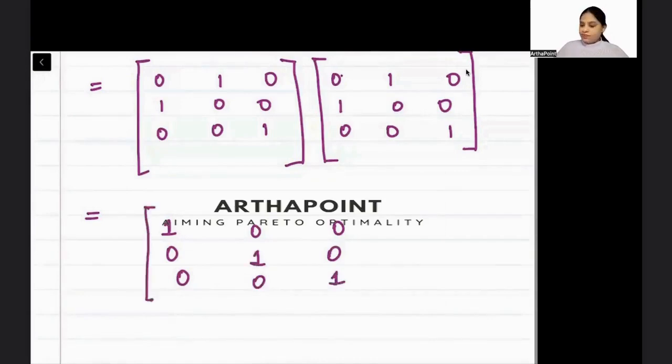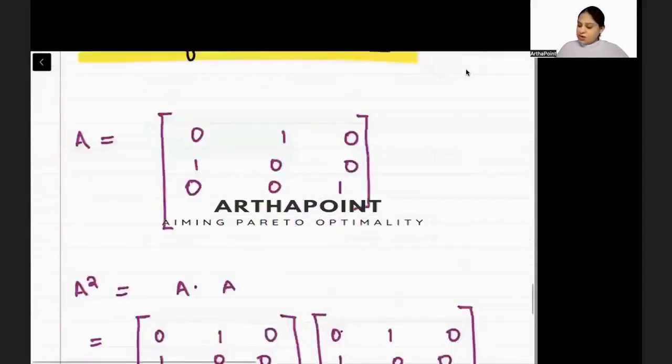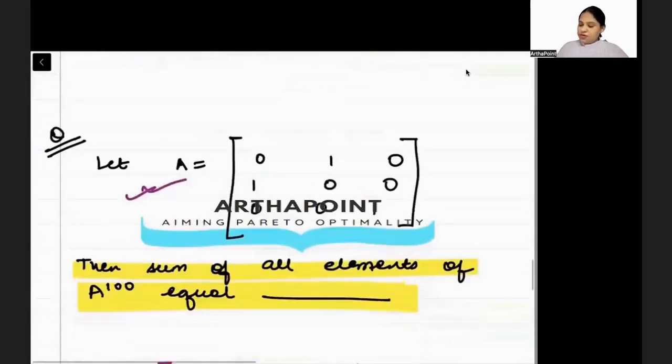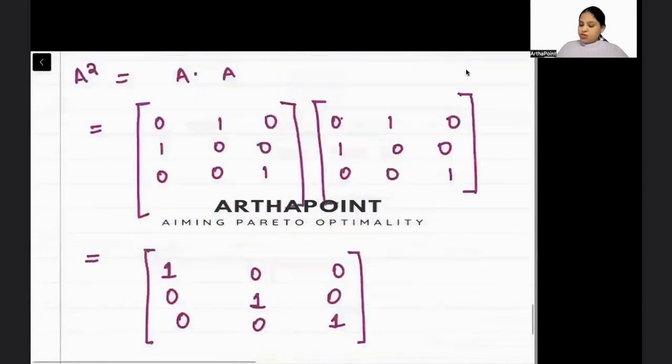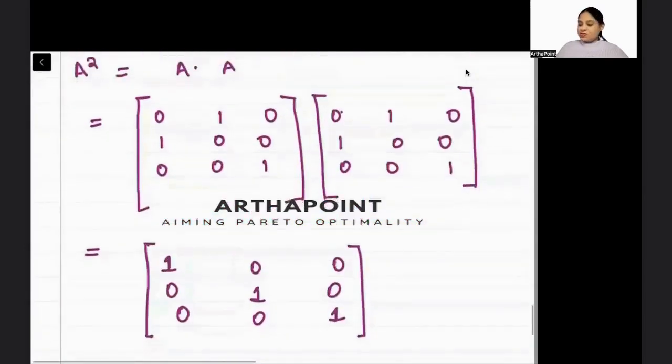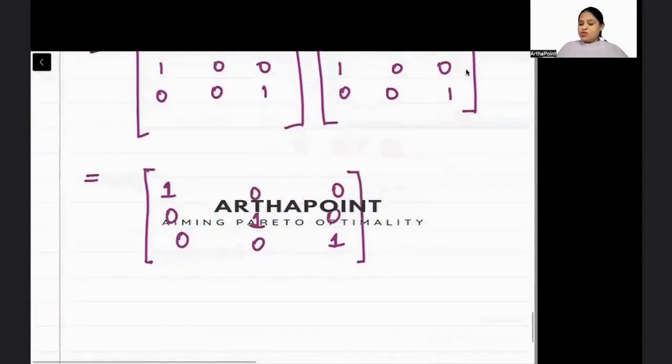Right beta? ये A square आ रहा है. We are getting this as A square. Let me just check if I have written it correctly or not. ठीक है, तो A square आ गया identity matrix 1 0 0, 0 1 0, 0 0 1.